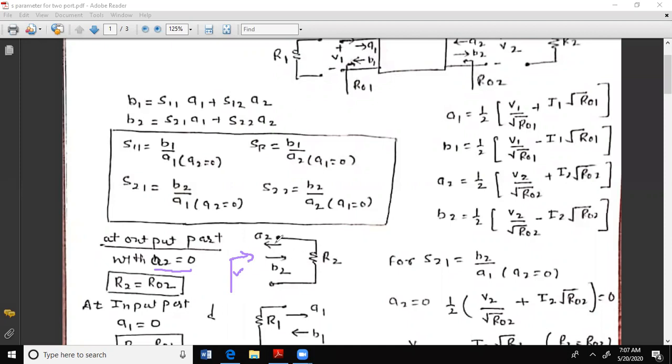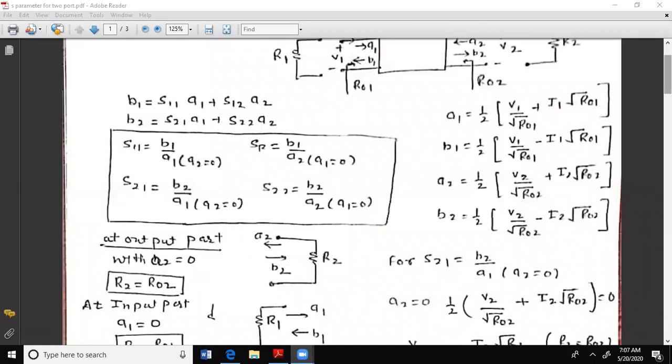When the reflection is 0, R2 becomes equal to R02, the perfect case of matching. So A2 equal to 0 means R2 becomes equal to R02.